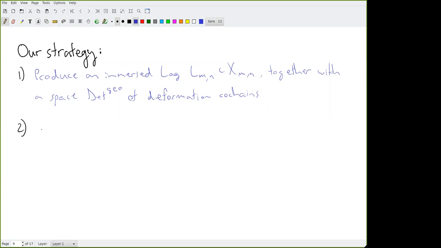Okay, and then two, we're going to identify the space of non-zero objects with, I don't want to say the points on, I should say of this deformation space, with points on the mirror.